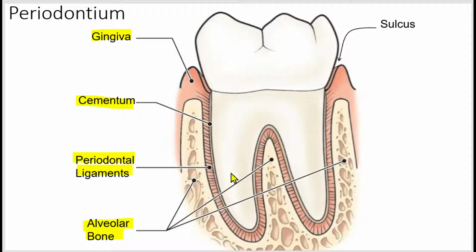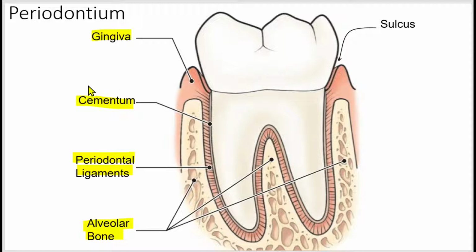And the periodontal ligaments are small fibrous tissues or fibers that extend from the tooth to the bone, and these are one of the main things that attach the tooth to the bone. On one side they are attached to the cementum, on the other side to the bone, and the alveolar bone holds the tooth in place inside the jaw.